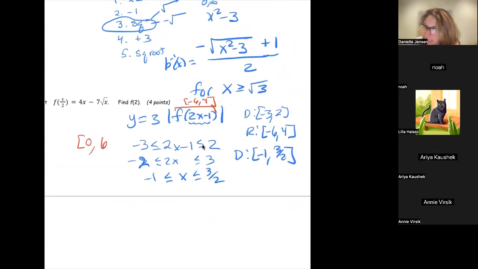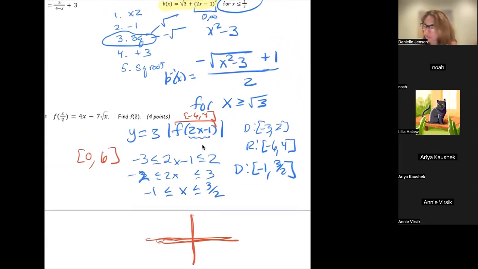The reason that's the case, and I showed this in class, is that sometimes, when I was a student, this was confusing to me.